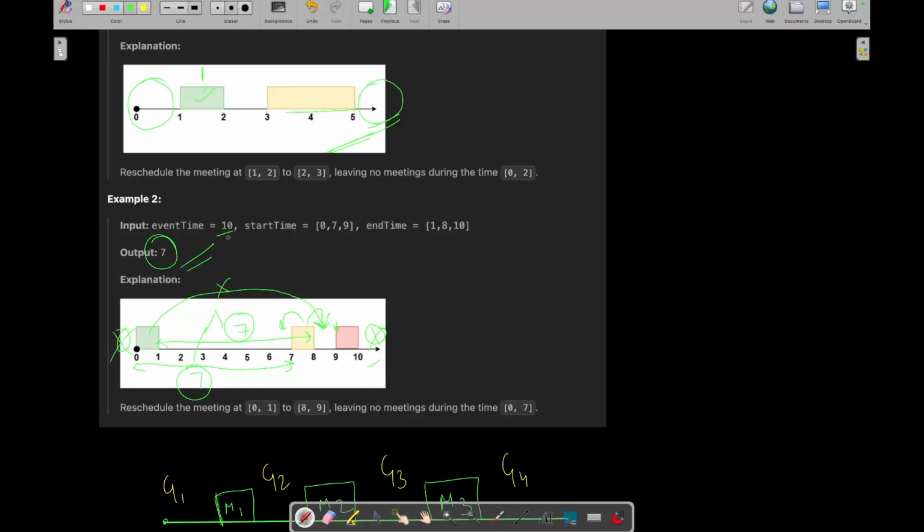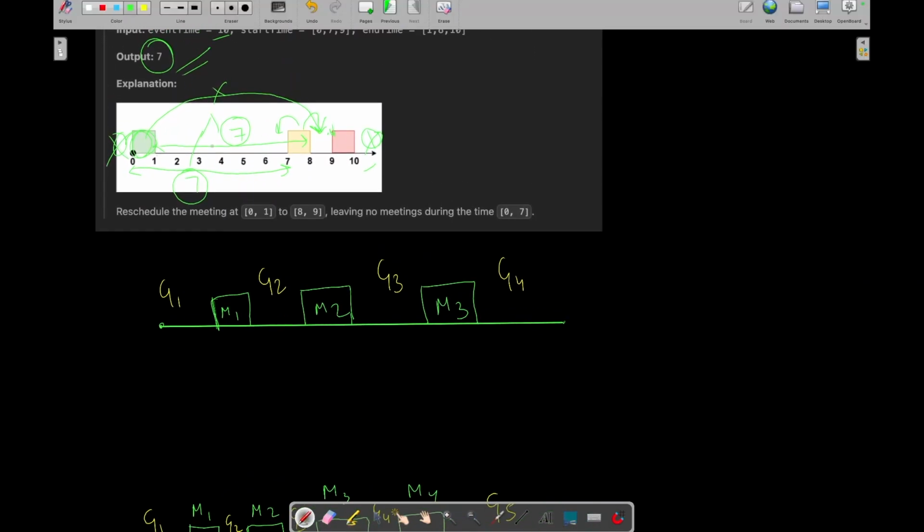So what is different in this question is that we can pick a meeting and put it somewhere else if the gap is greater than or equal to the duration of that meeting. Let's suppose we have gap 1, meeting 1, gap 2, meeting 2, gap 3, meeting 3, and gap 4.